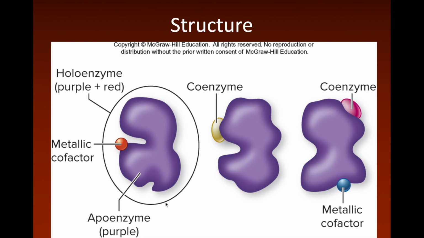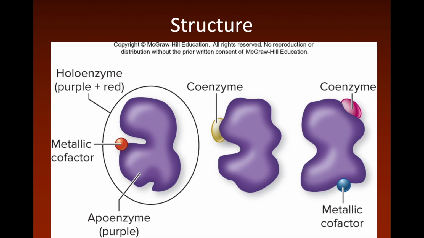So note that there are various ways that this enzyme core or protein core can be decorated, and these decorations have a significant function. In fact, most of the time, it's the cofactor that actually has the functional attributes of the enzyme. These cofactors can either be in the form of a coenzyme, which is usually a vitamin, or a metallic cofactor, which is some type of metal ion, like iron or copper or manganese.